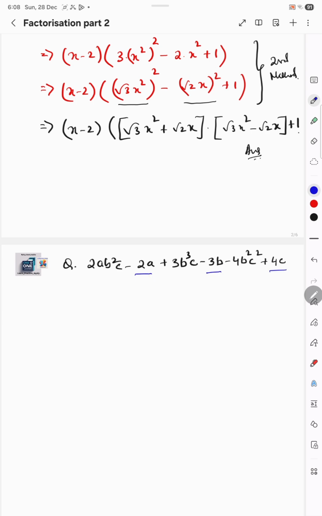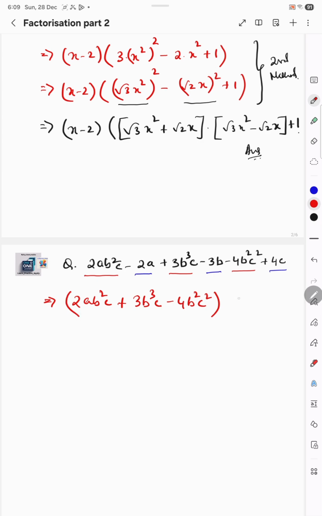So this we can take it as one group, and this part we can take it as another group. So first let us divide this into groups. So what we can do is we can have 2ab square c plus 3b cube c minus 4b square c square as one group.